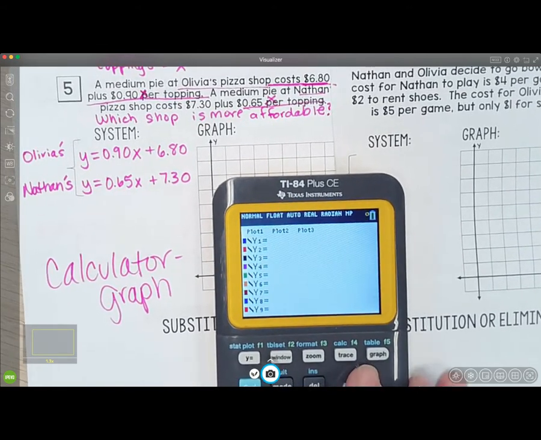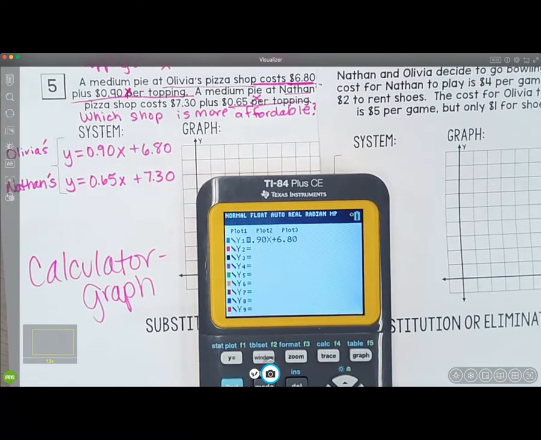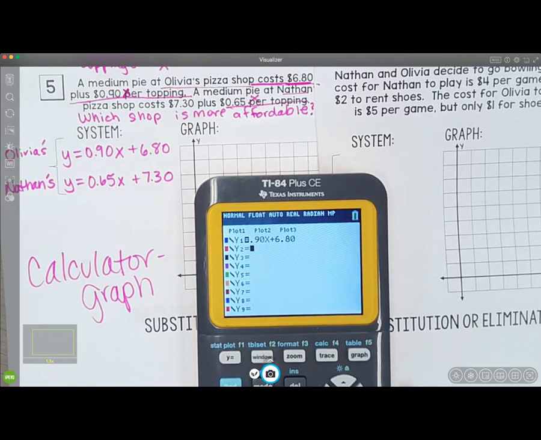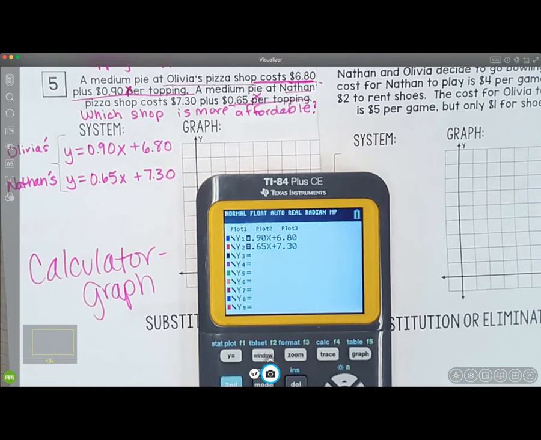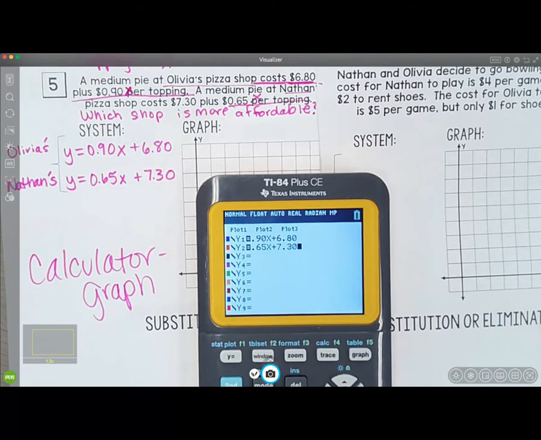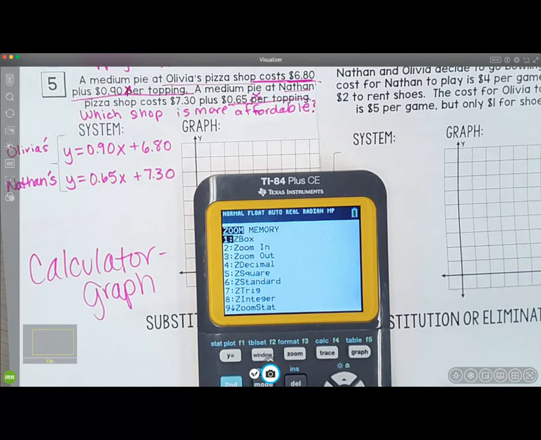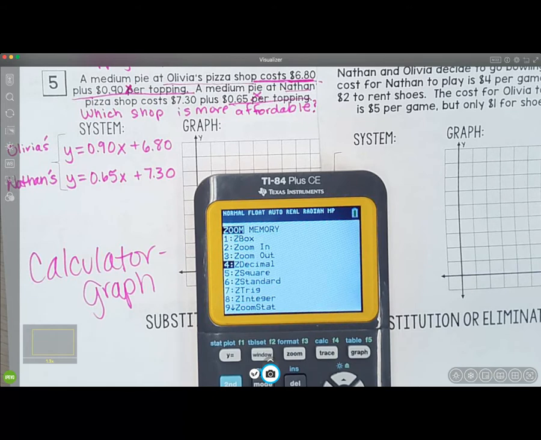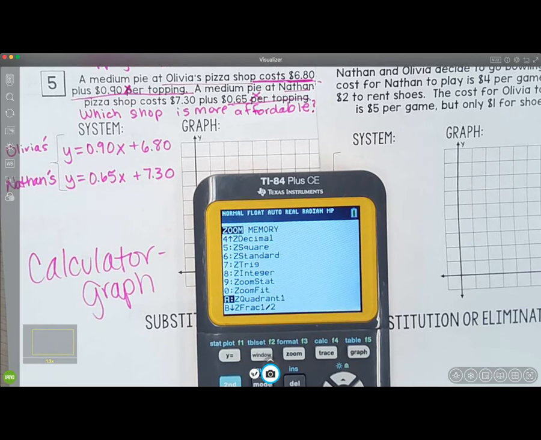Put these 2 equations in. And go to graph and make it do just quadrant 1 because we're only dealing with positive. So that was back at zoom quadrant 1.